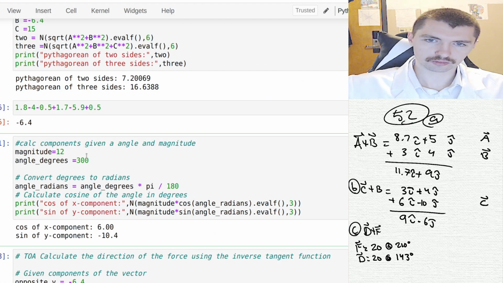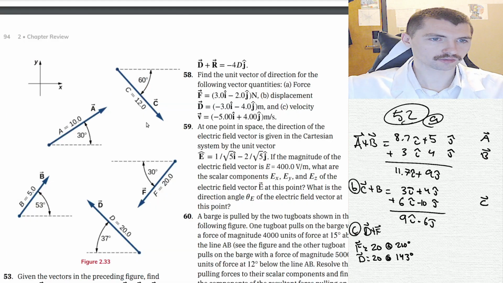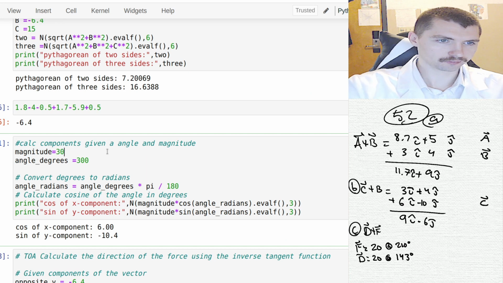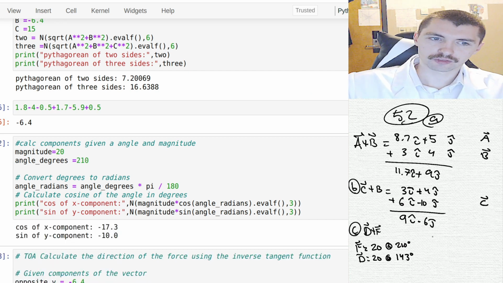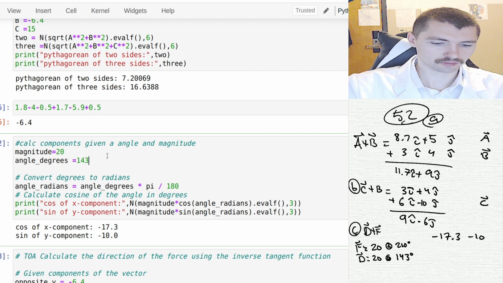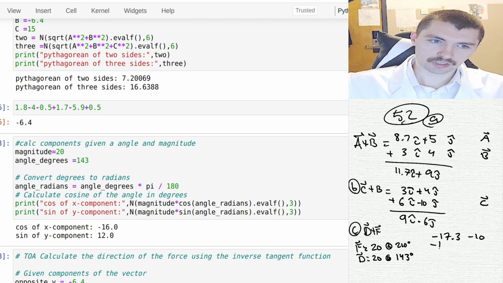So they're both 20, are they? Both 20, 20, 20. Okay. So we'll have negative 17.3 minus 10 minus 16, 12.